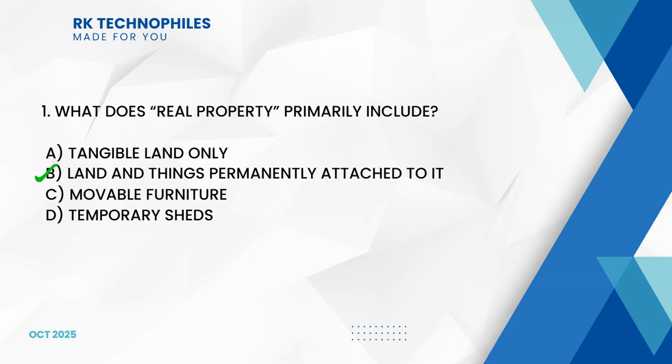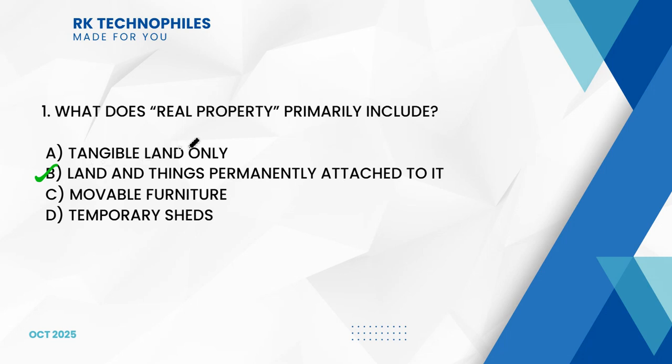Actually, real property refers to immovable property, including land, buildings, and any fixtures permanently attached to it, like walls, fences, pipelines, fixtures, anything. So option A is not correct. C is mobile furniture, it is wrong. D is temporary sheds, it is also wrong.